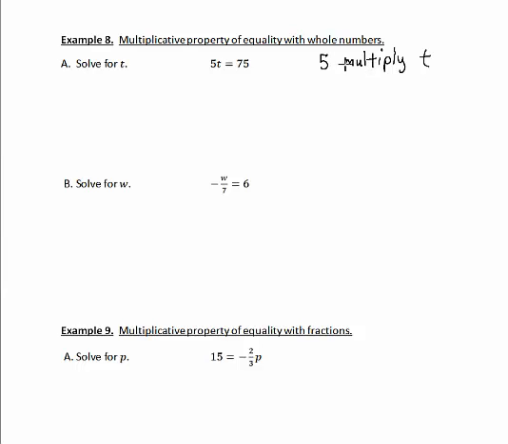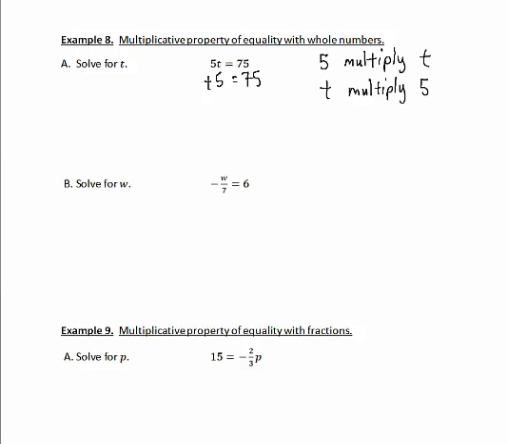Okay, stated another way, this is t multiply by 5. As the previous chapter stated, you can write the multiplication of two numbers or variables in opposite order. So we could say this is a t times a 5 equals 75.